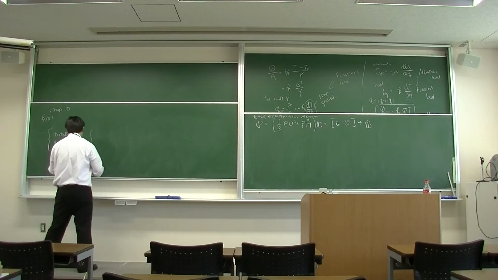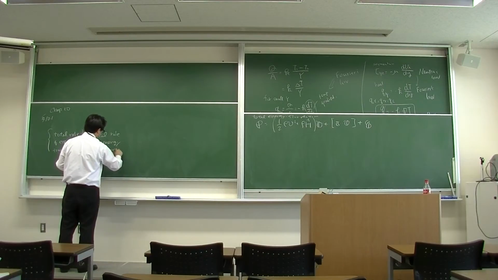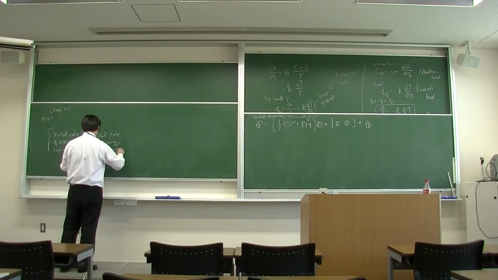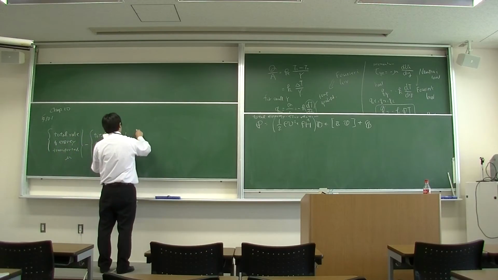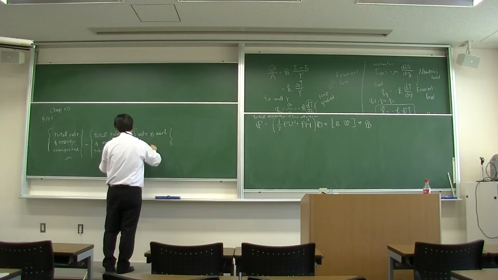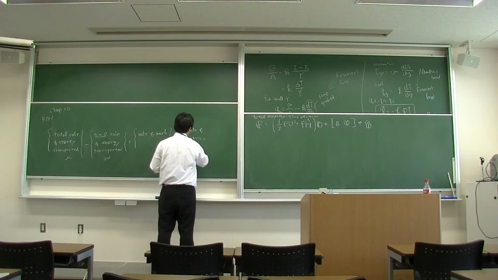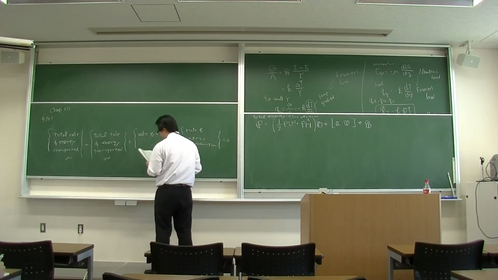So we are making a balance equation: total in, out, rate of work, rate of energy production.